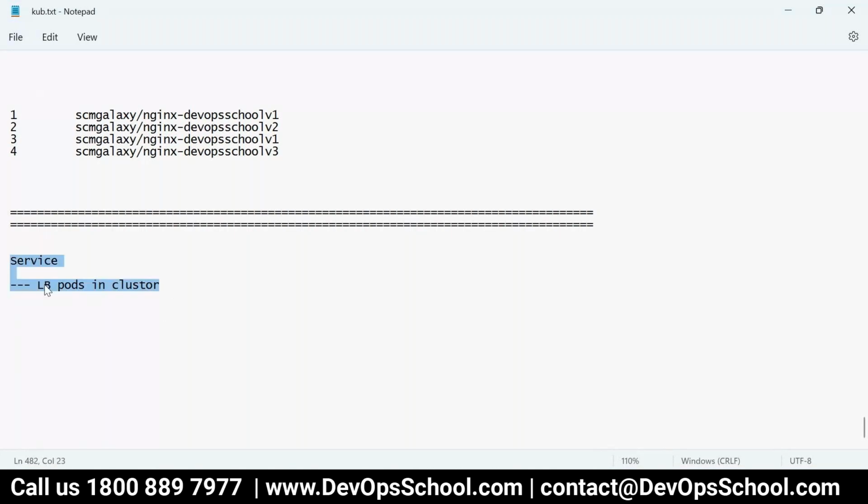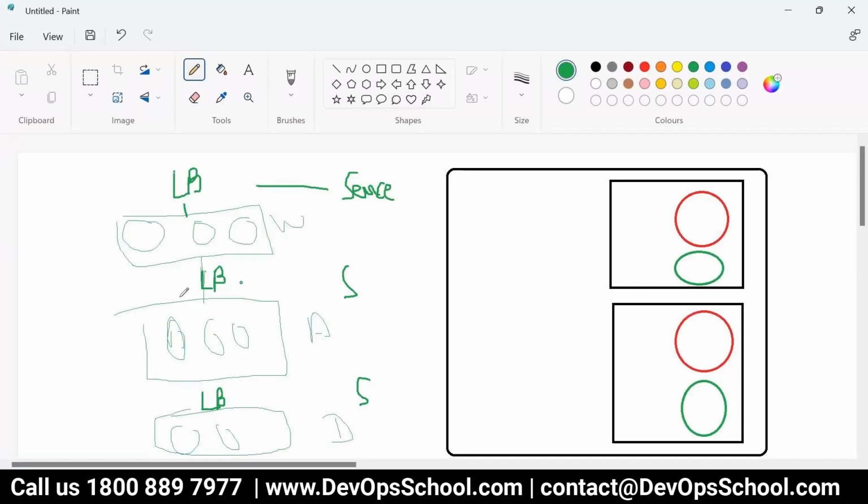So the question is how to create a Service. And the second question is how to inform the pod that it should load balance using that Service only. In the cluster you have three pods, nine pods.